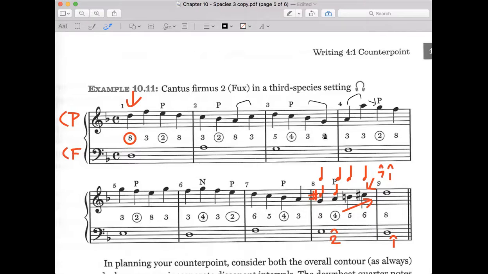If you're in the minor mode, well, it has even more. At a cadence, you'd want to avoid, let's say, G to C sharp. That would be a problem. Okay, and of course you want to avoid sevenths as well. So that's, again, accenting a dissonance, even when you're playing or singing them melodically.